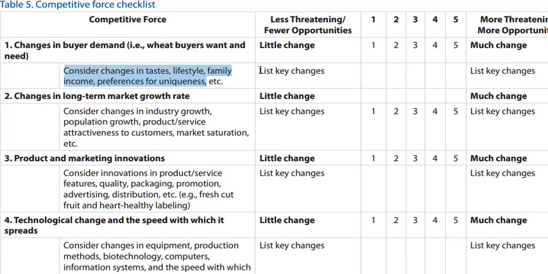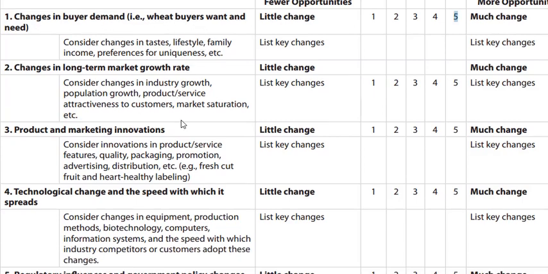If there are little changes, it will fall somewhere here. If we are expecting that much of these things are changing, then we will label it somewhere with 5. That means a lot of changes are taking place in customers' needs and wants.